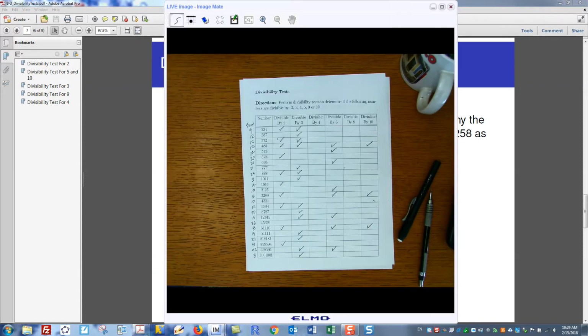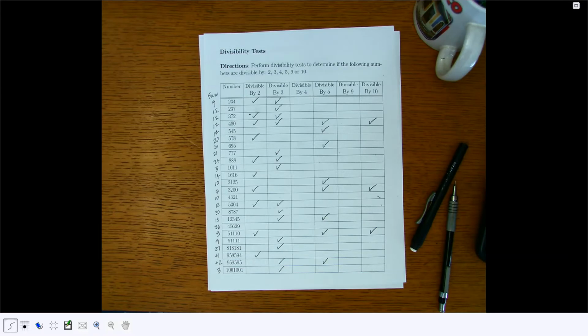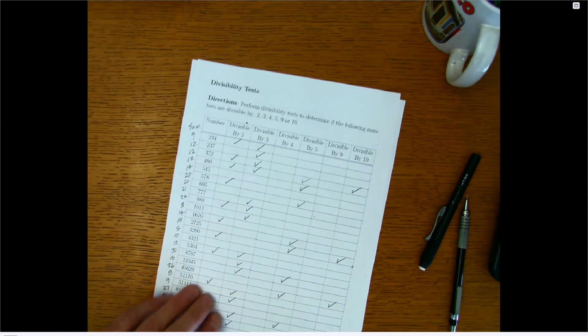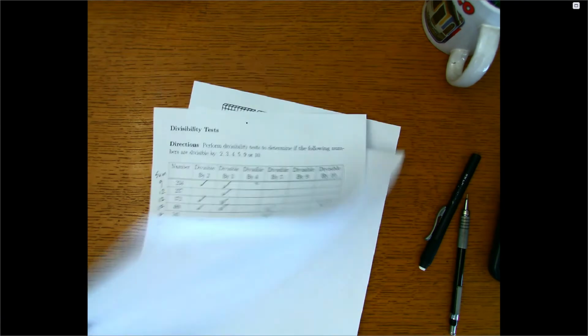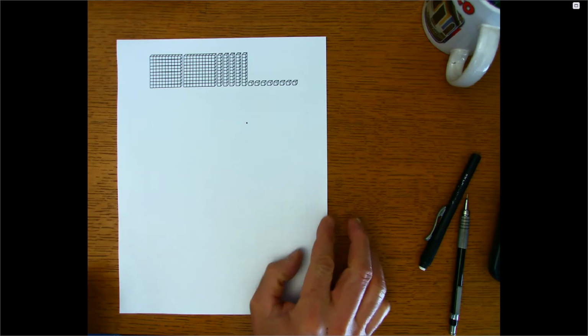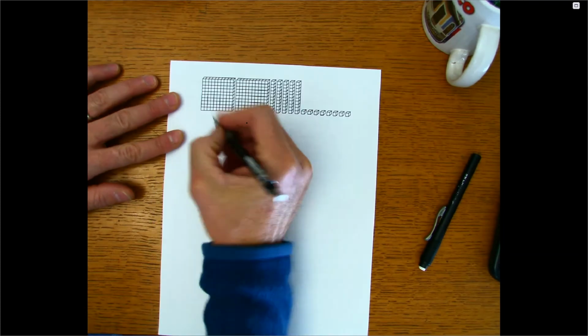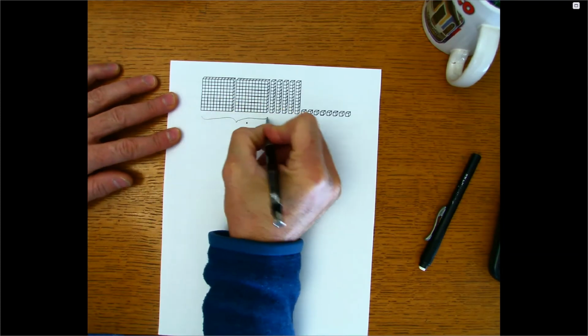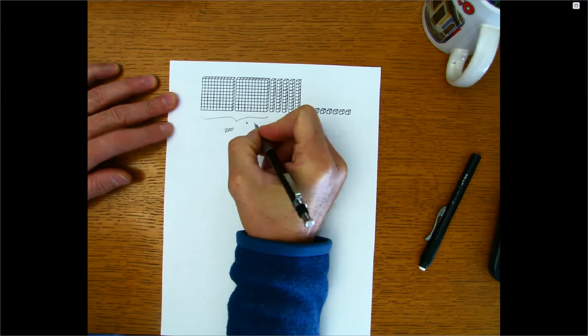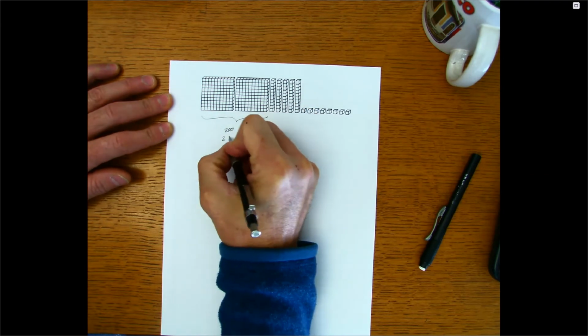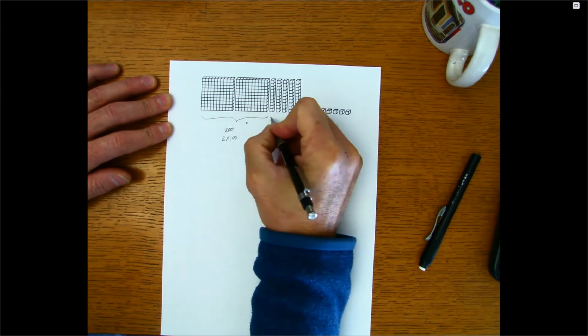So I'll go back to the overhead, and I'll use this base 10 block depiction of 258. So just to make sure that we're all together on this, of course, this is the 200, right, which we can think of as 2 100s.